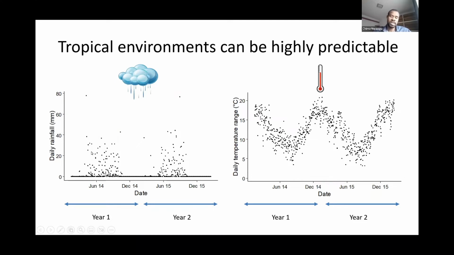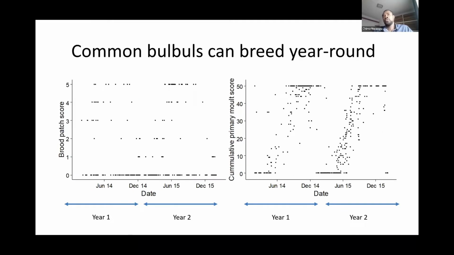You see that you have about 6 months of rain, and then about 6 months without rain, and another 6 months of rain, and then 6 more months without rain. The mean diurnal temperature pattern also shows this very clear seasonality. So this is as seasonal as it can be anywhere in the world.